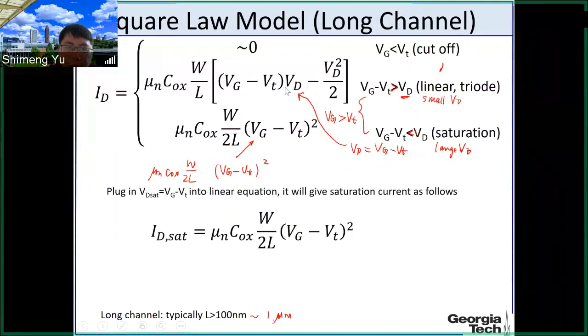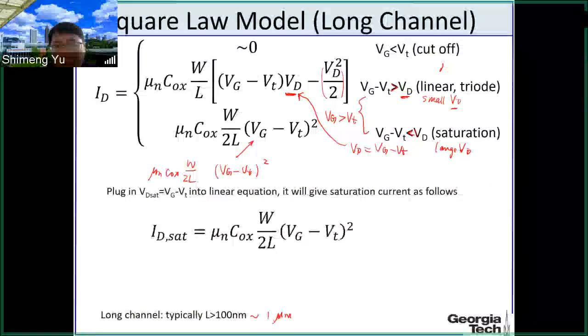The reason we call it the linear region is when the VD is very small. So this equation essentially is a second order equation. You have a first order term, here you have this VD, and here you have VD squared. And when the VD is very small, you can ignore the second order term and only keep the first order term.